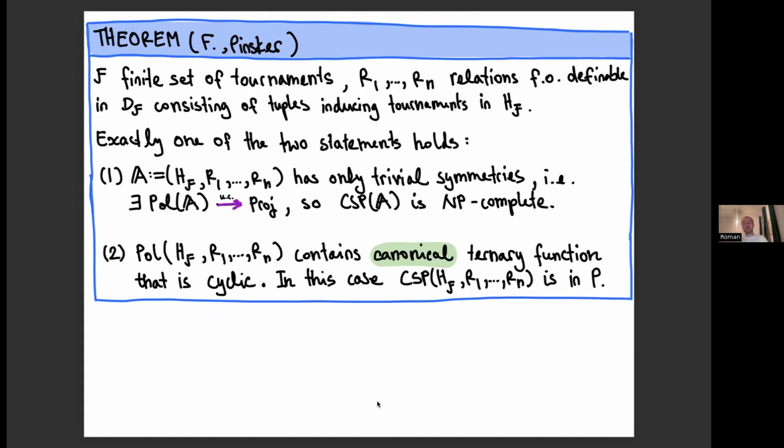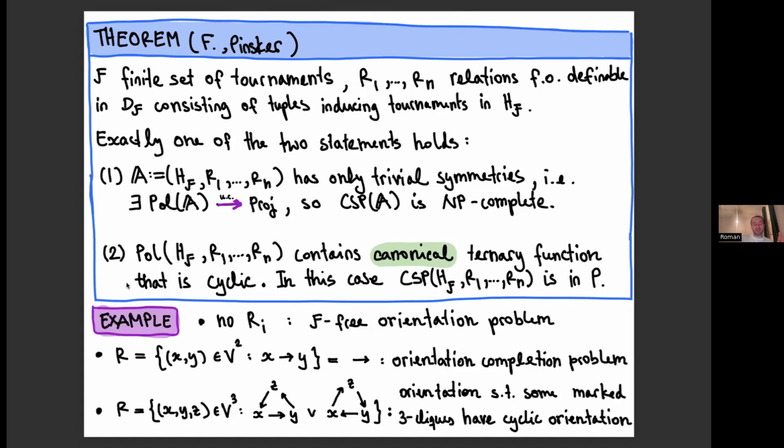So if you have a canonical ternary function in the polymorphism clone which is cyclic, then the CSP of HF together with the relations R1 to Rn is in P. So it's tractable.